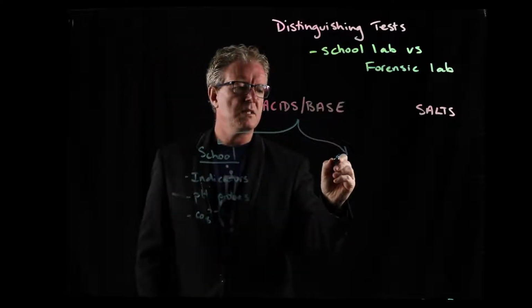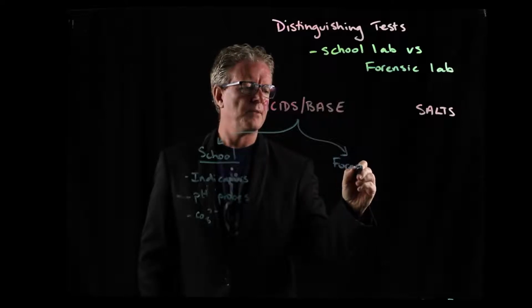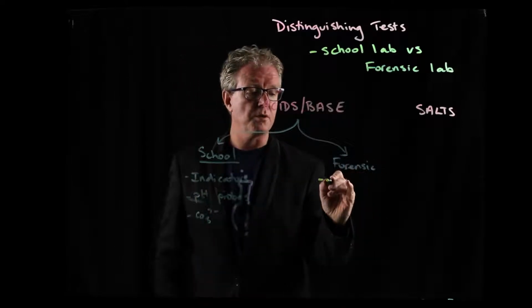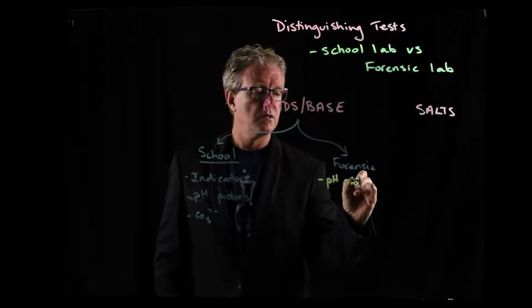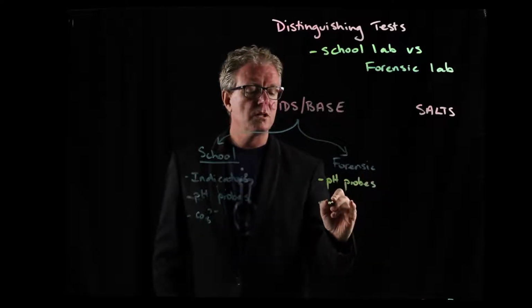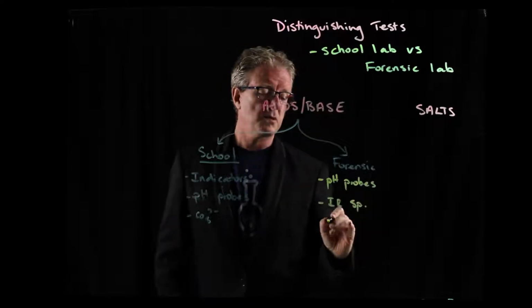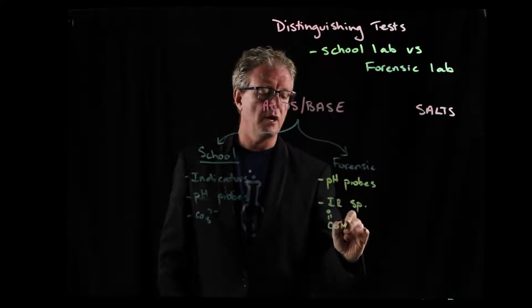In terms of the forensic lab, what do they do? Well, they would also use pH probes, but they can also use infrared spectrometry again, because what they do is they look for the C double bond O-H stretch.